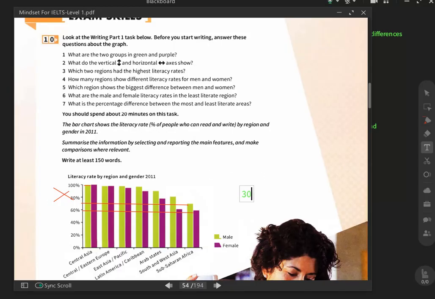For female, we say about because we are not sure. We don't have an accurate number. So we can say 59 to 100, maybe 41, so it's about 41. Of course, you will learn how to describe, how to say just close to, when it's just under 60, what word you can use to describe.